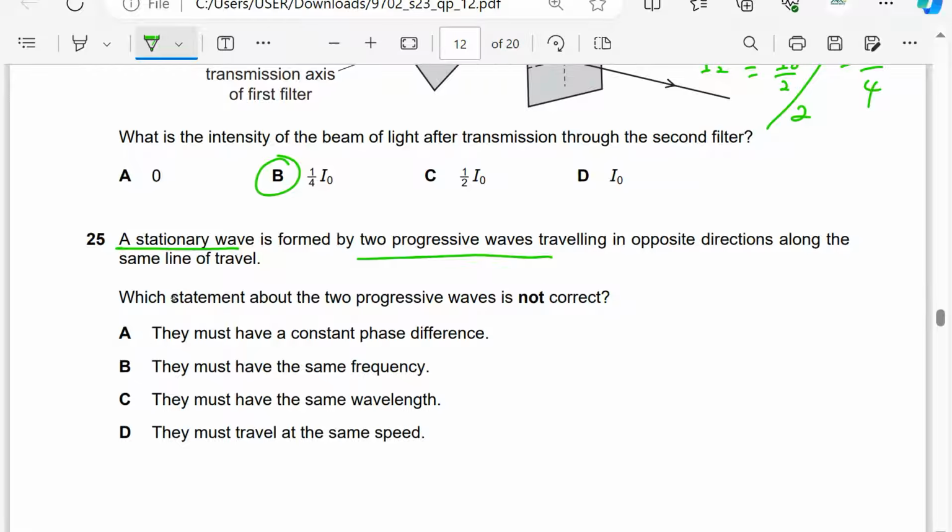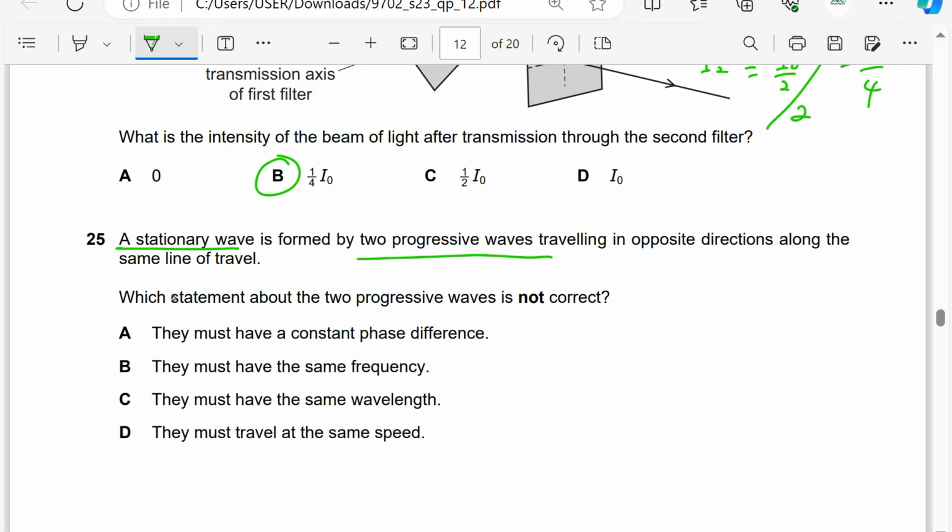But if it is stationary, they should be cancelling out each other, so the amplitude will be the same. They should have the same frequency if total cancellation and total reinforcement are to occur. So same frequency, same period, and the waves should be of the same type. They may not necessarily be coherent. That means they may not be maintaining a constant phase difference, but at some point they may result in stationary waves.